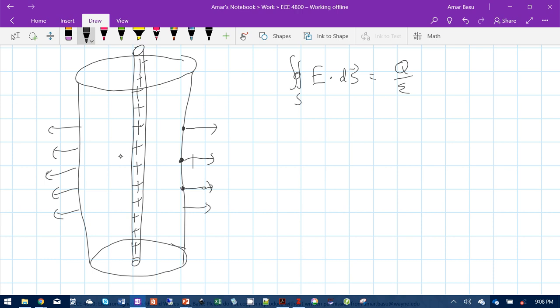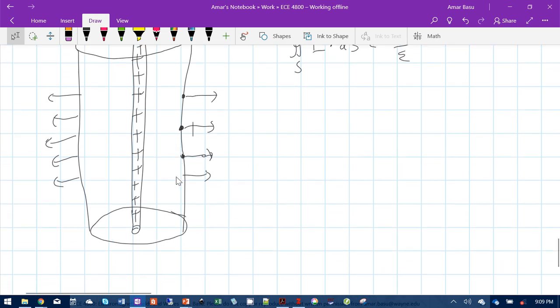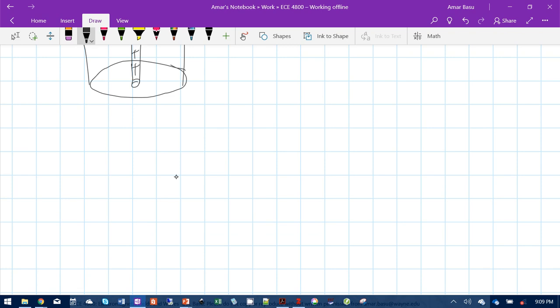Why do we choose a cylinder? Okay, so the charge density itself is cylindrical, right? If you imagine a wire, every point on the cylinder is equidistant from the center of the cylinder. Let me give you another example. If we had just a single point charge, what kind of surface could we draw where every point on that surface would have the same electric field?